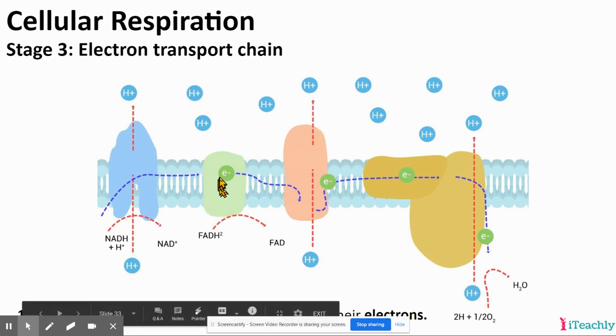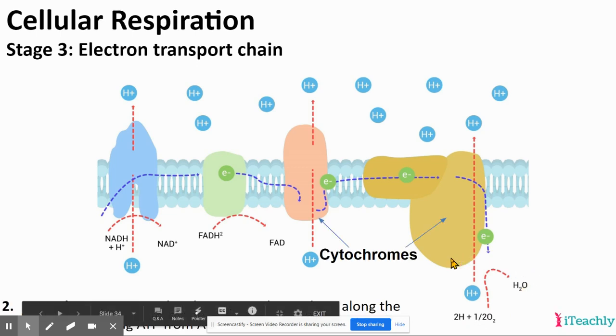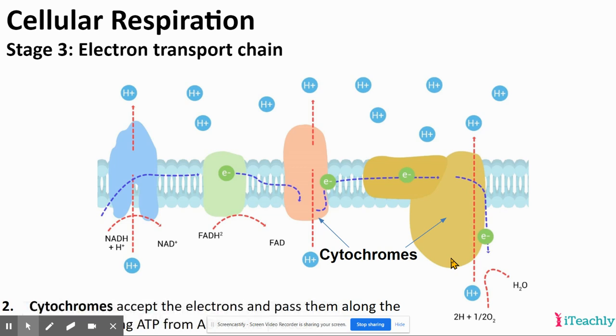It's got electrons, and those electrons have energy, and it's going to pump those hydrogens across the membrane here and across the membrane here. Then oxygen is needed as this final electron acceptor, and it's going to combine with hydrogens and make water. Those are cytochromes.